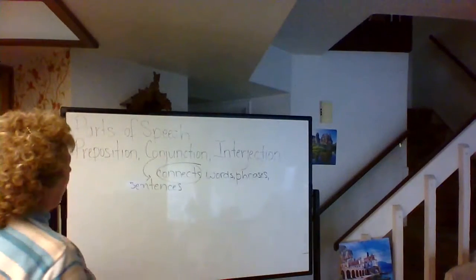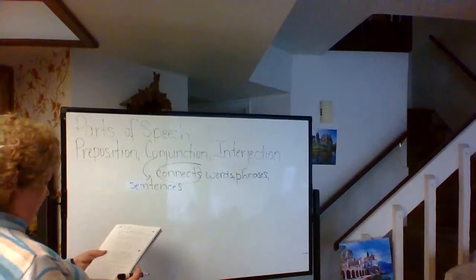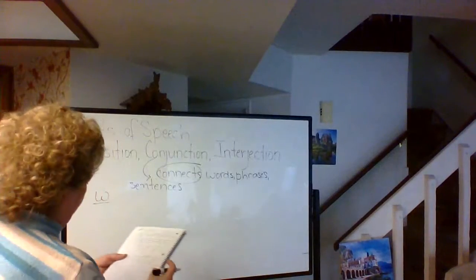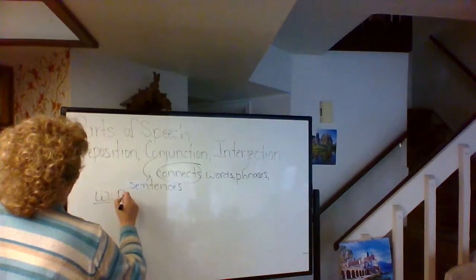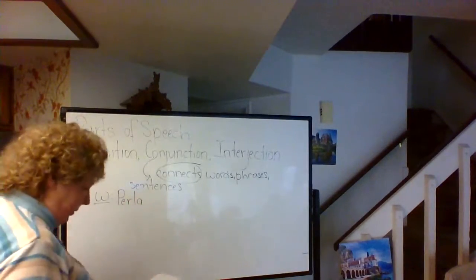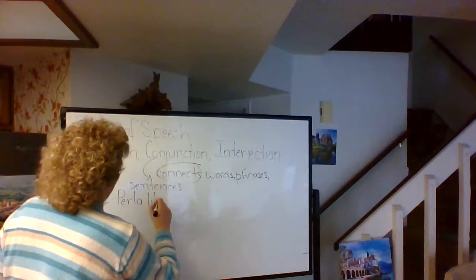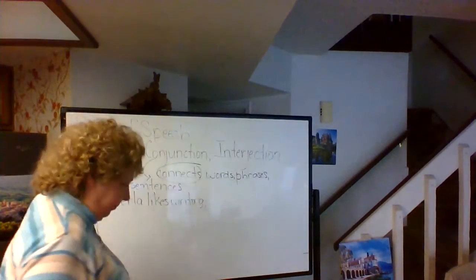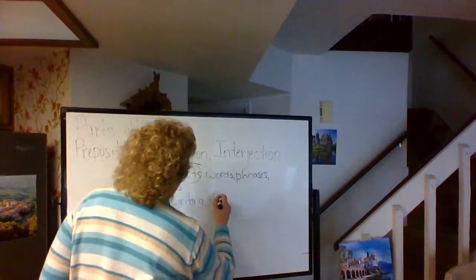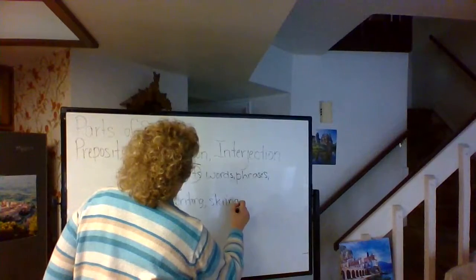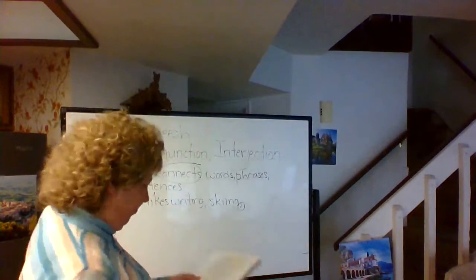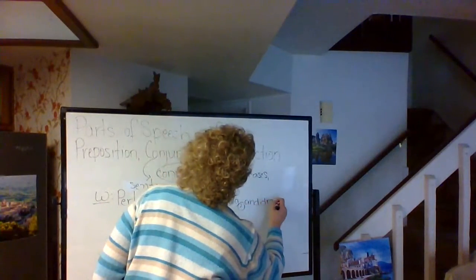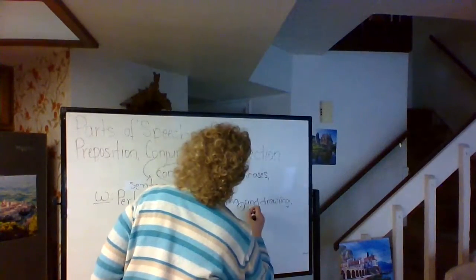All right. So let's do examples. Let's do the words first. Make sure you're copying this down. Perla likes writing, skiing, and drawing. Okay, I'm going to circle that comma and underline and.